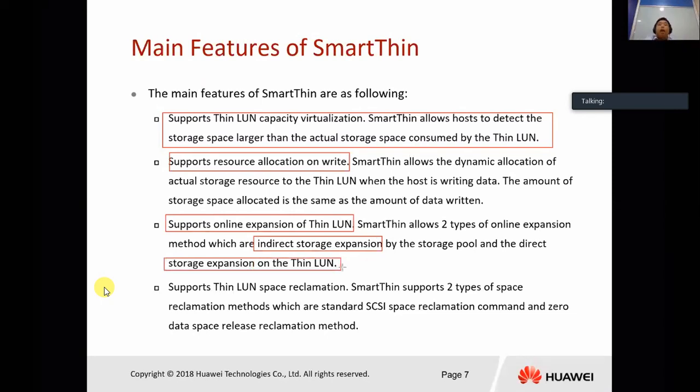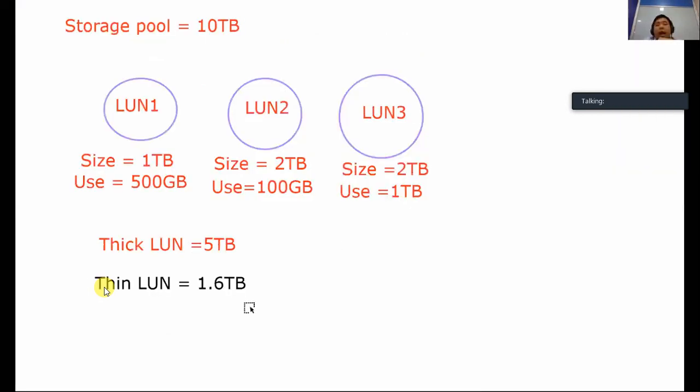Okay, so what do you mean by these 2 things over here? So let me go back to the whiteboard. What do you mean by indirect storage expansion? So indirect is basically like this.